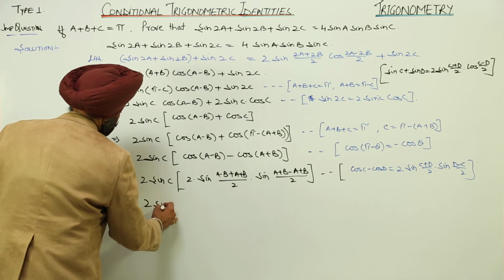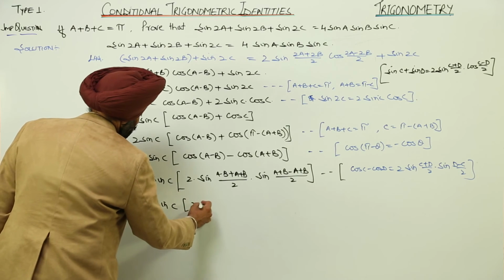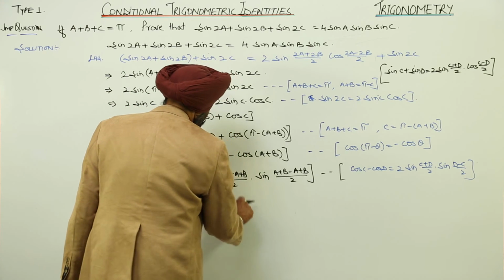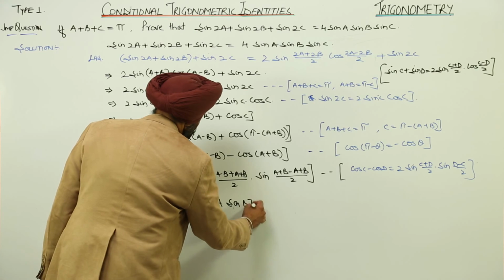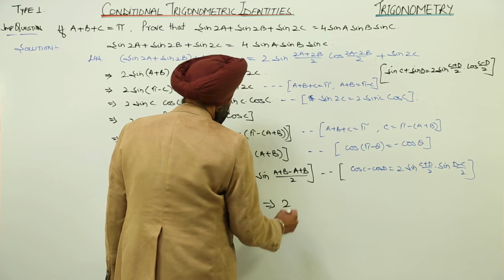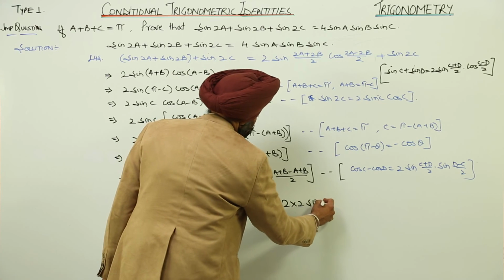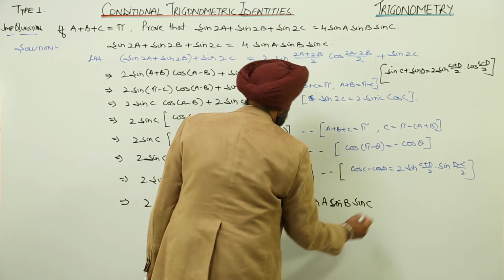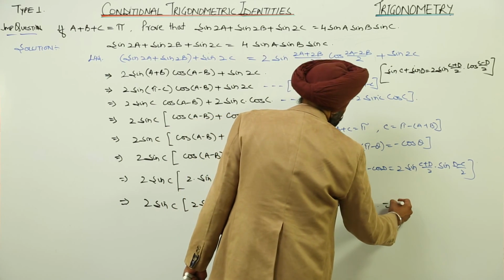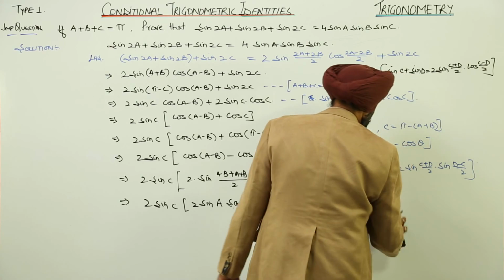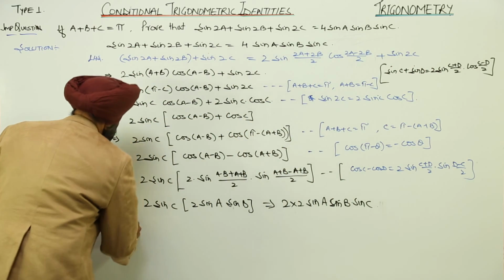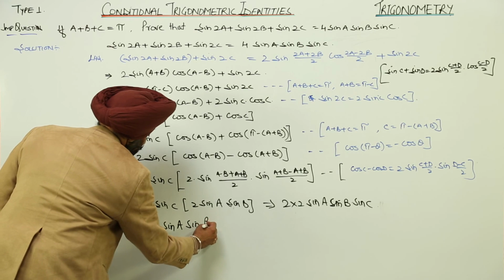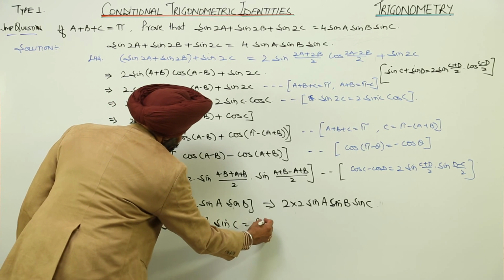Now this becomes 2 sin C, 2 sin A sin B, which is 2 times 2 sin A sin B sin C, is equal to 4 sin A sin B sin C, which is the right hand side.